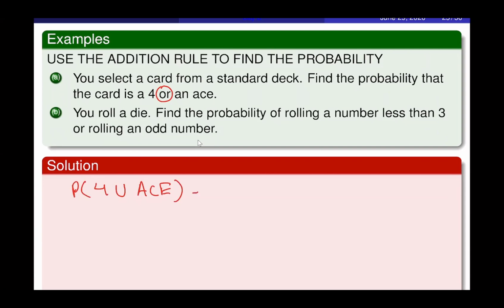Since they're mutually exclusive, we find the probability we get a 4 and add it to the probability we get an ace. What's the probability that if I randomly select a card, it will be a 4? Four out of 52. Oh, good. Then we add the probability of getting an ace, which is the same thing because there are 4 aces: 4 divided by 52.